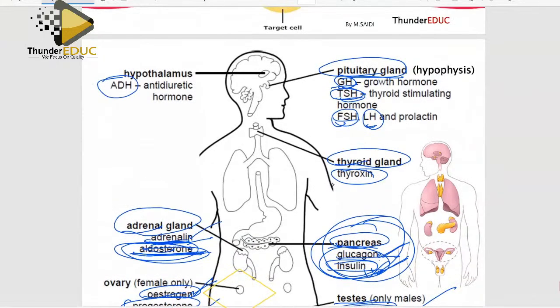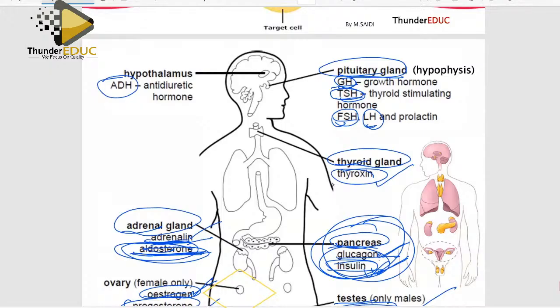Then the thyroxine, the thyroid gland. The thyroid gland is responsible for production of thyroxine. Thyroxine is basically responsible for normal functioning of the heart and the metabolic rate. Yes, the normal functioning of what? Of the heart. Basically, it brings about absorption of oxygen in the cells.